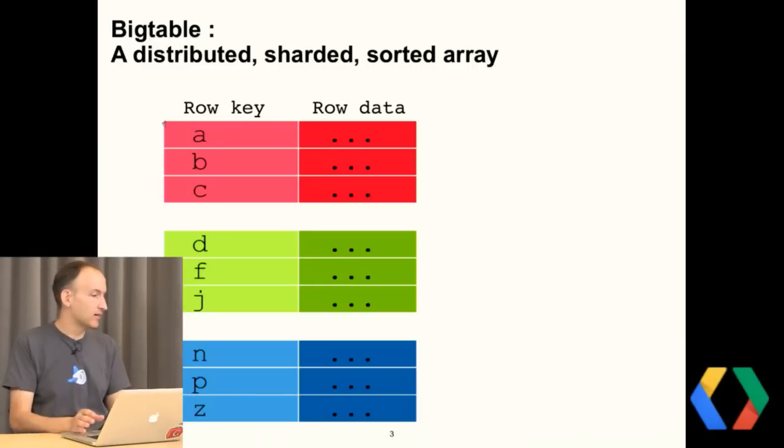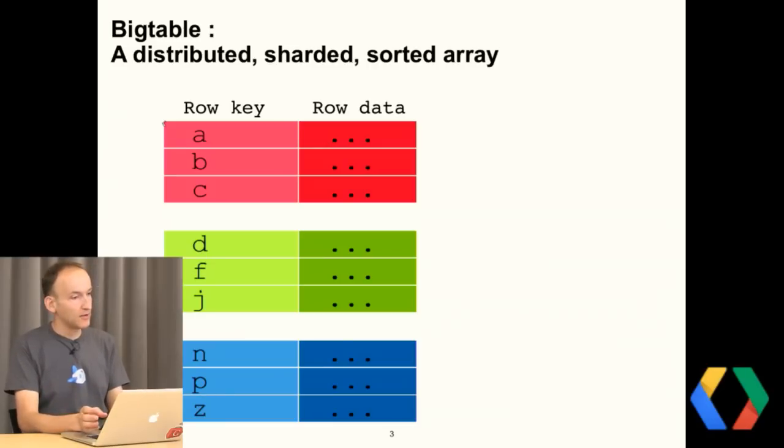So think of your data as spread out in this giant table of key value pairs. Every bit of data is addressable by a key, and then there's some data associated with it, which is useful.